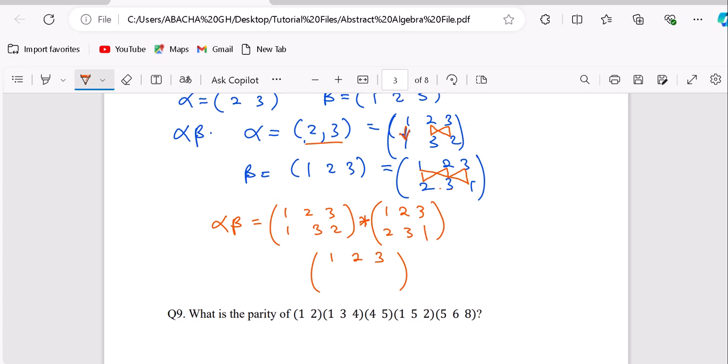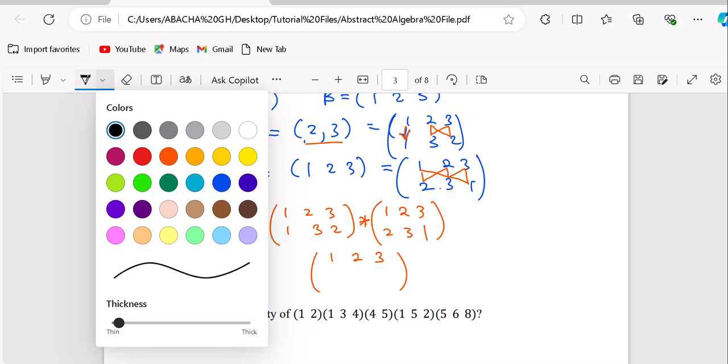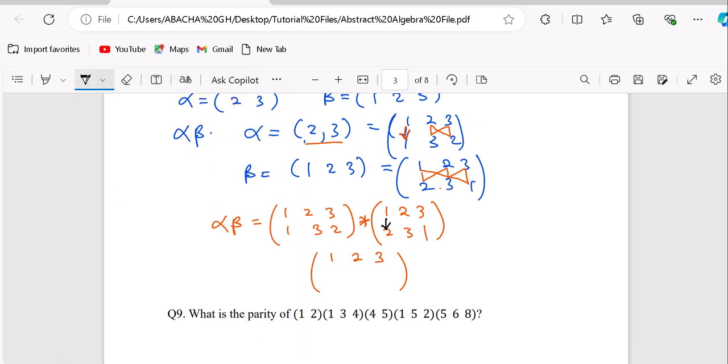Now, 1 goes to 2, 2 goes to 3, so the first element goes to 3. Now 2 goes to 3, and 3 goes to 2, so the second element goes to 2.